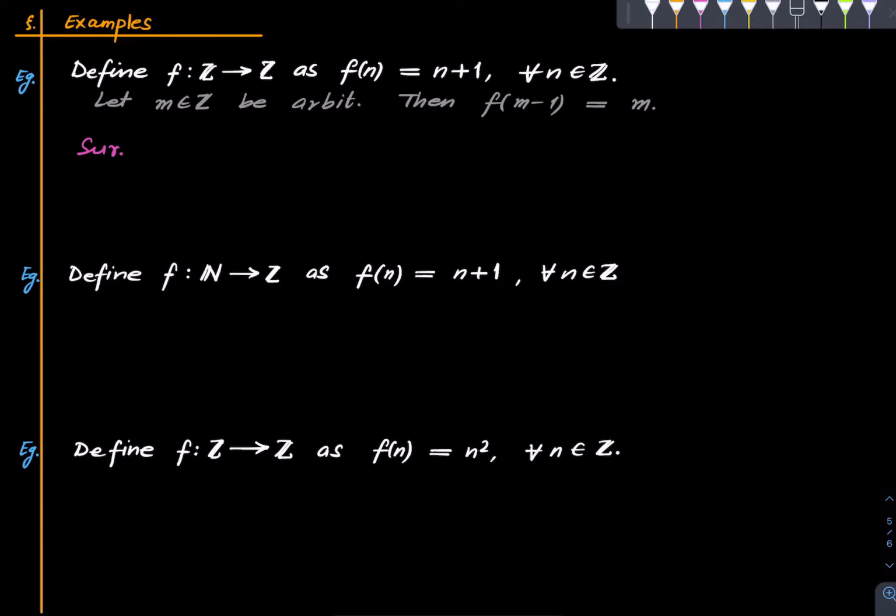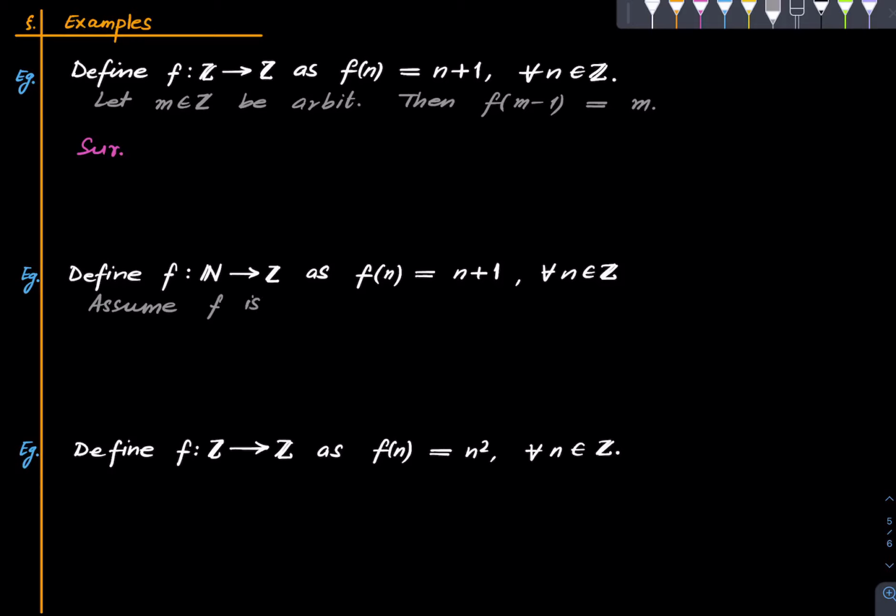Okay, the other one. So this time you are going from the naturals to integers, and this map is just add 1 to the input. Is it surjective? It is not, because, okay, to be completely formal, assume it is surjective.